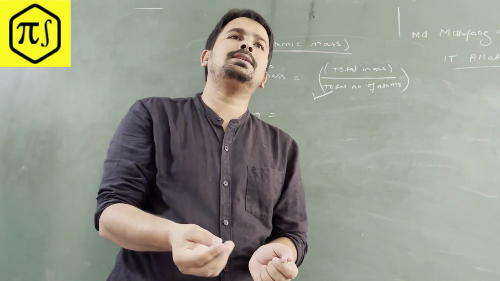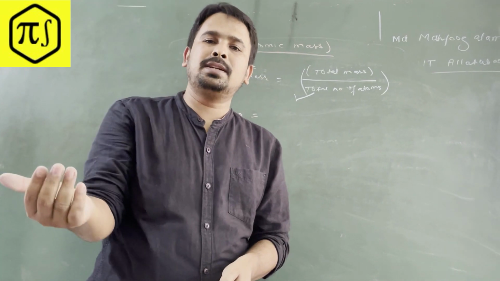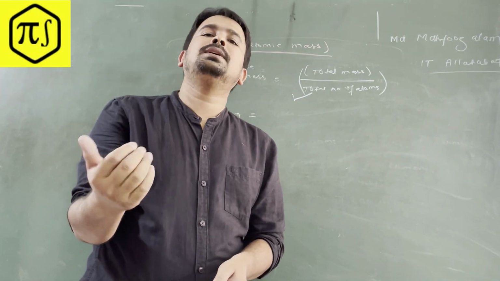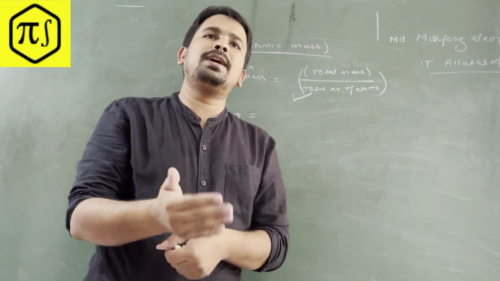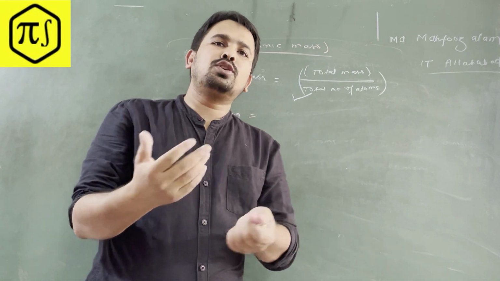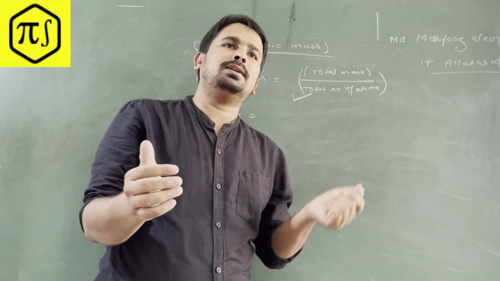Atomic mass by default means average if you have more than one isotope of an element. If you have only one isotope, then the average and the individual atom's mass will be the same. But if you have more than one isotope, then we are always talking about average. So average will always be hidden.